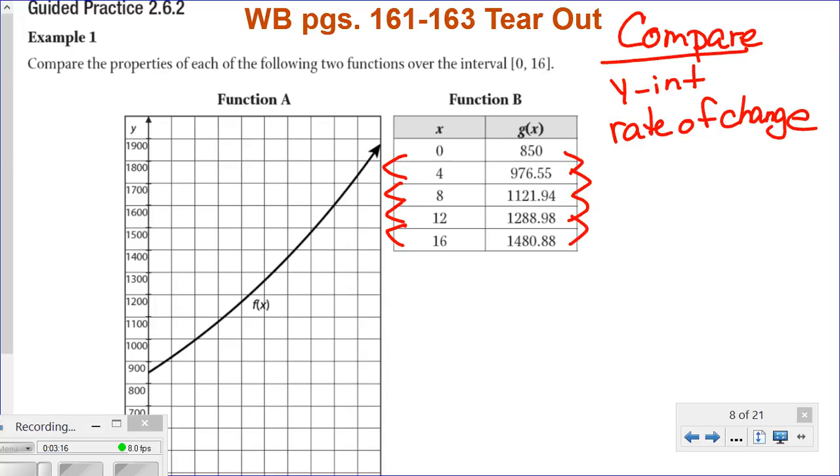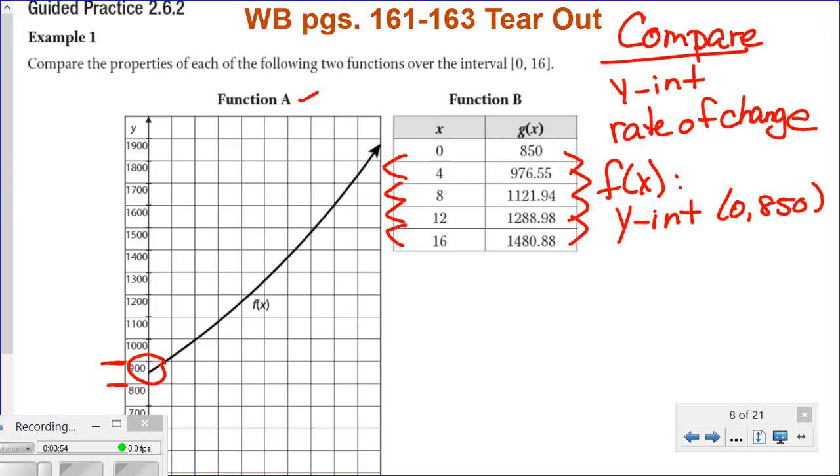So the first thing we're going to compare is the y-intercept for function A. All I need to do is come over here and look at where function A crosses the y-axis. And since this is going up by 100ths, it appears to be about halfway. So for function A, f of x, I'm going to say that its y-intercept is (0, 850).